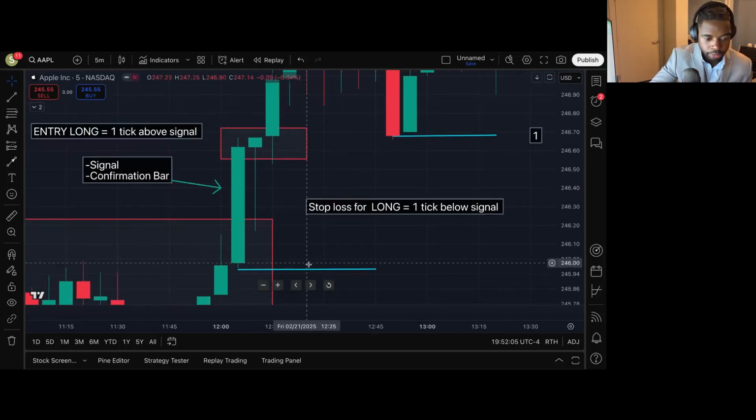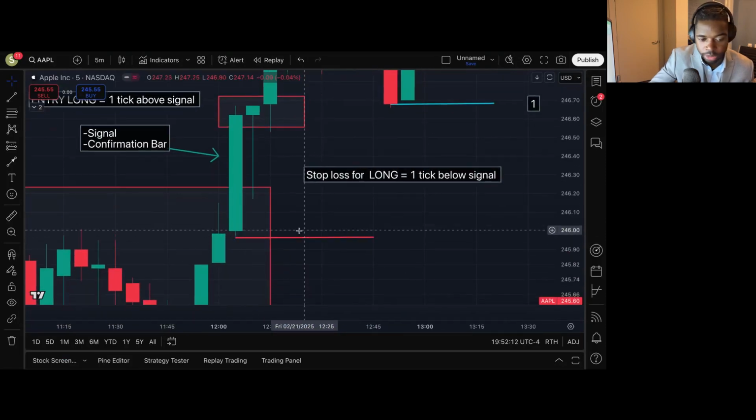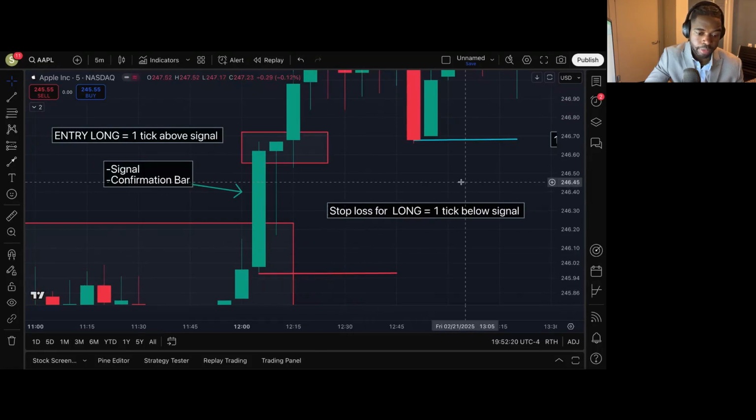And I'm going to make this red right here. So your stop loss is going to be 1 tick below. Now the general stop loss is usually like, okay, if price comes down and smacks that, then just exit. Okay, just exit.